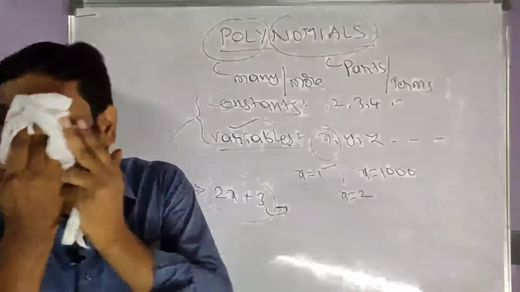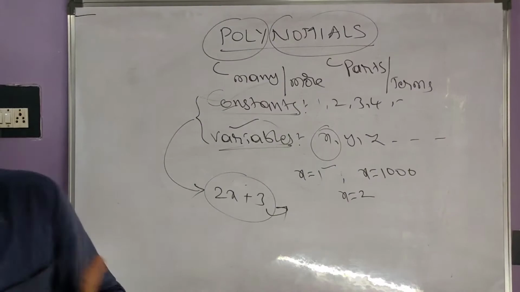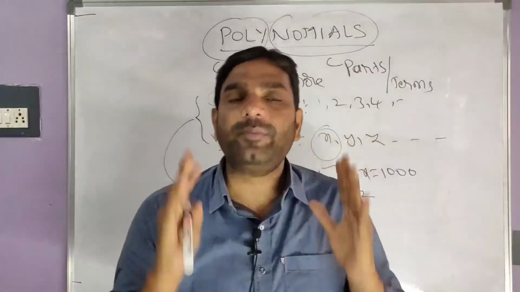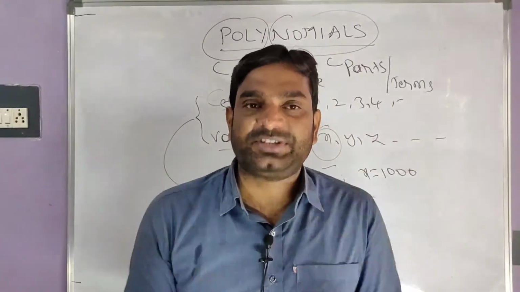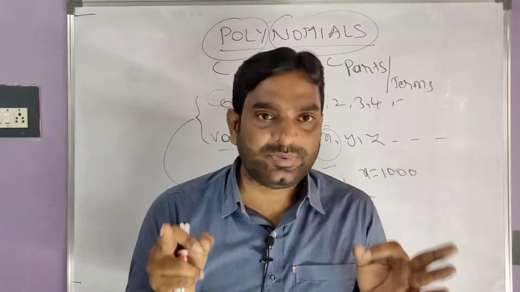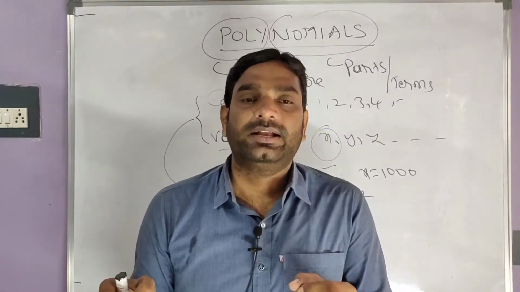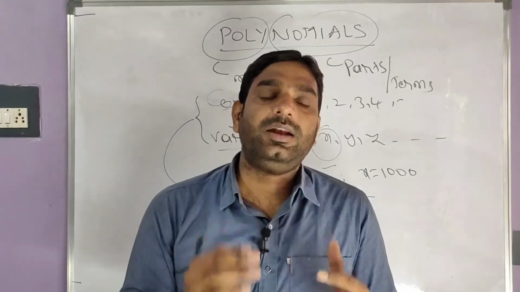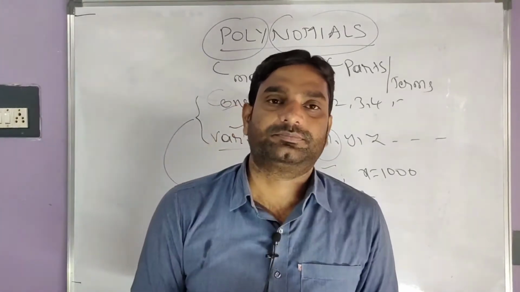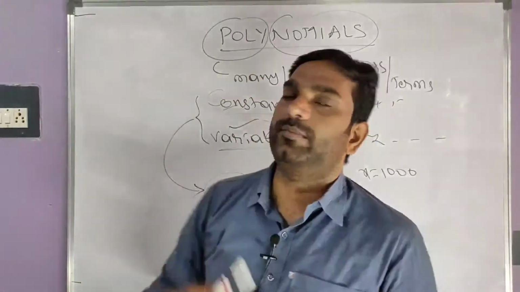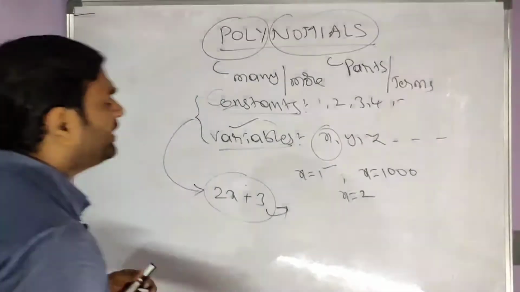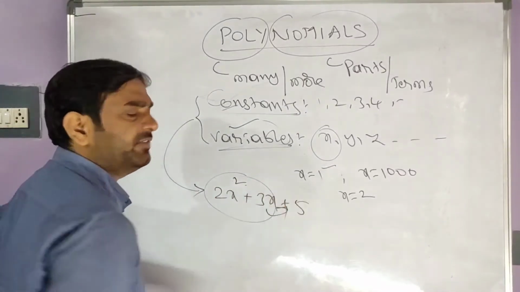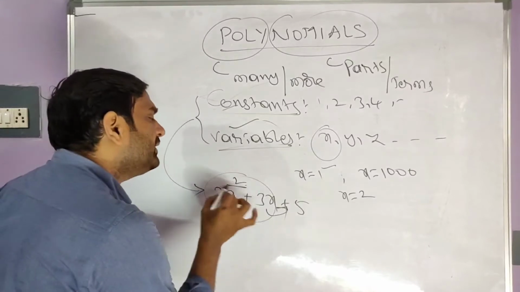Now coming to our chapter, polynomials. Well, what is meant by polynomials? How can you define that? A polynomial is nothing but an algebraic expression which has non-negative numerical power. What is non-negative numerical power? Listen, for example, 2x square plus 3x plus 5 is given. What is the power here? 2.